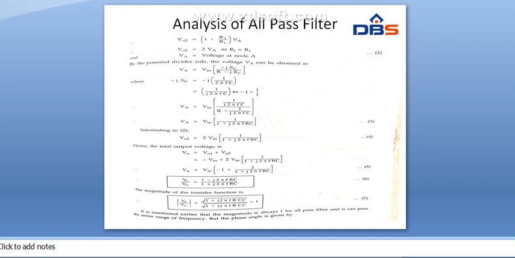Then Va becomes Vin into 1 by 1 plus j2 pi fRC.